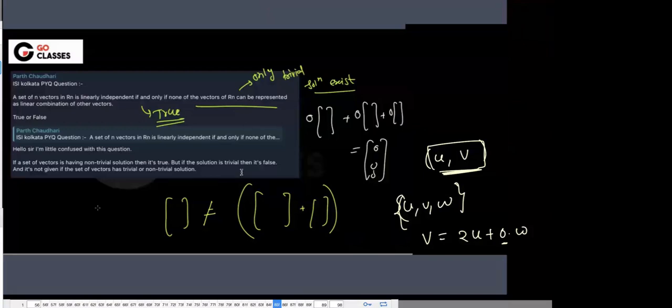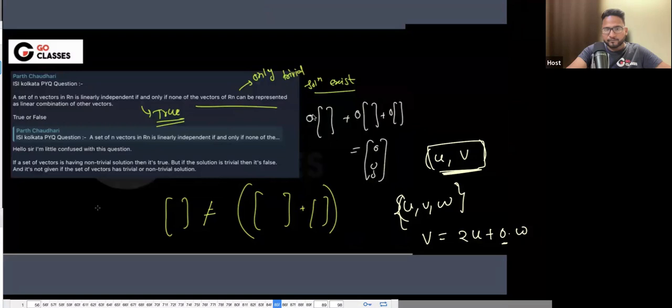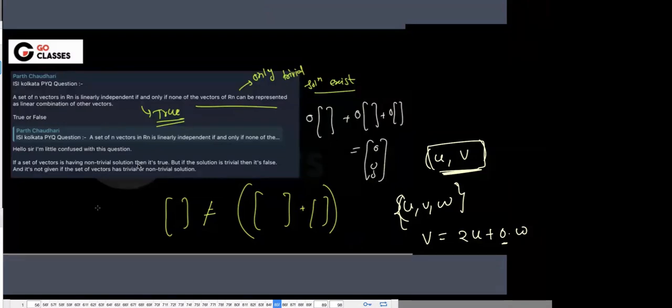Sir, I have one doubt. Yeah, please tell me. If V is a non-zero vector of dimension 3 cross 1, then the matrix A equals V into V transpose has rank equal to dash.